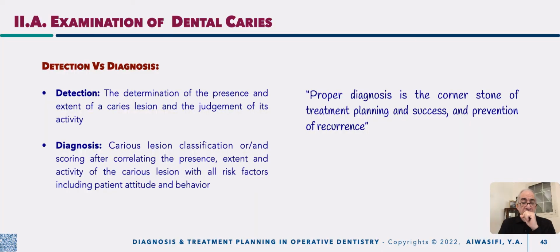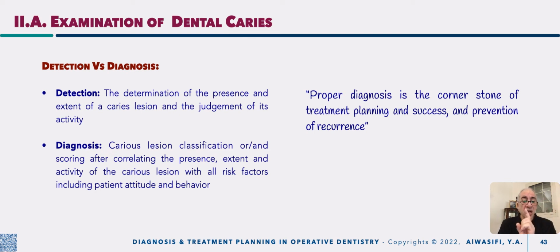That's why we should differentiate between two terminologies: detection and diagnosis. Detection means the determination of the presence and the extent of the caries lesion, including its activity. That's it. But diagnosis is not that simple.